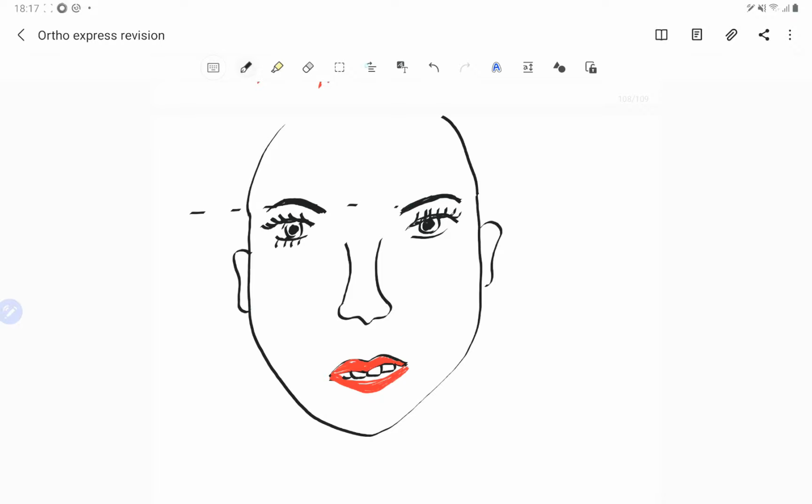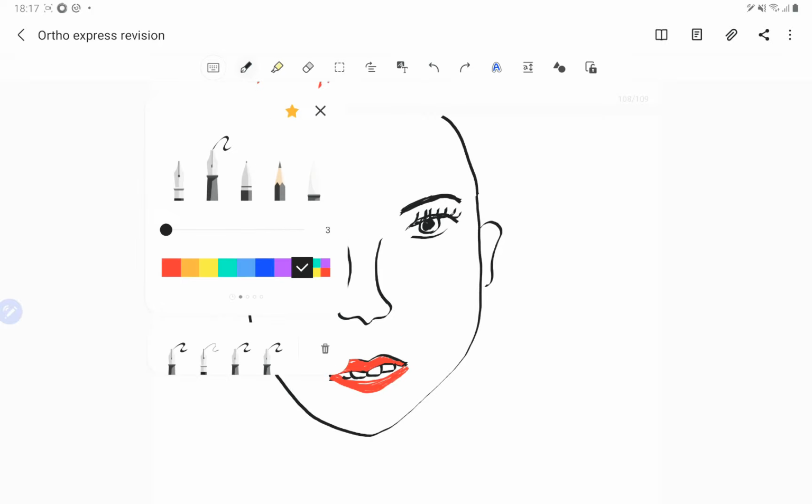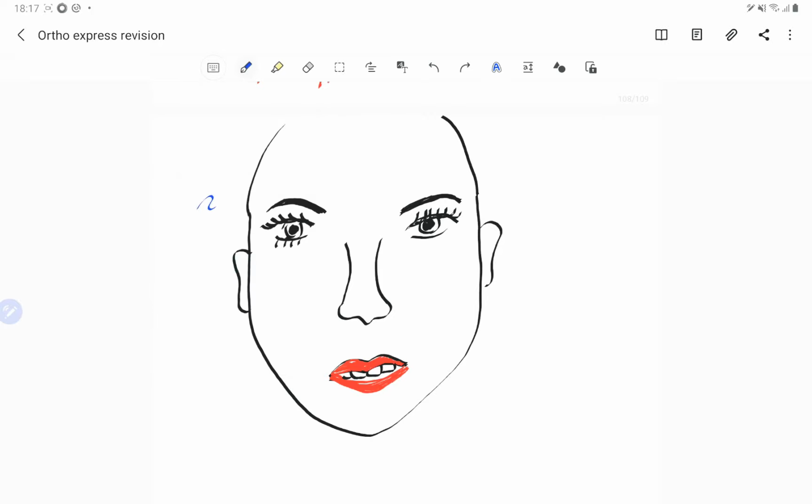So this can be the upper part of the face. Then we have the middle part of the face, and we have the lower part of the face.